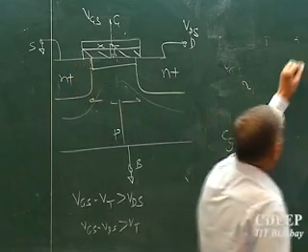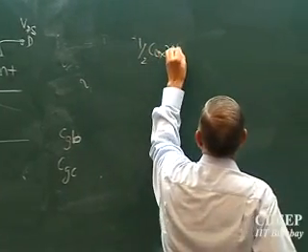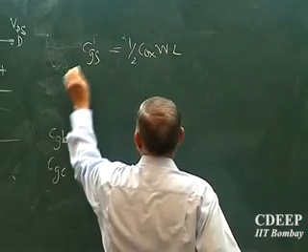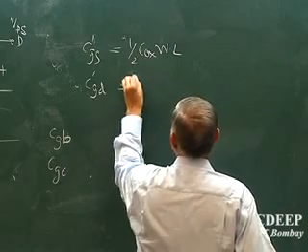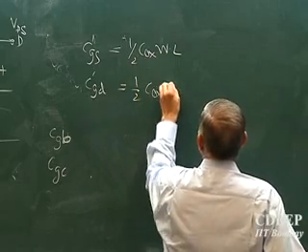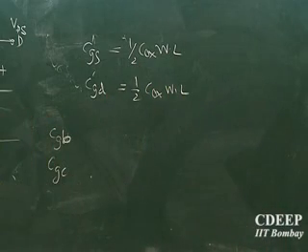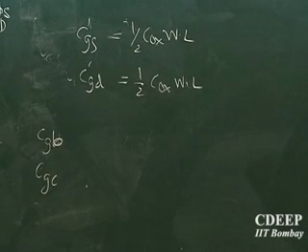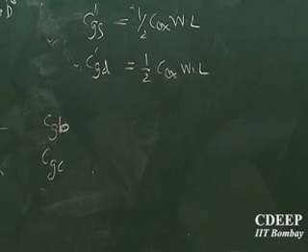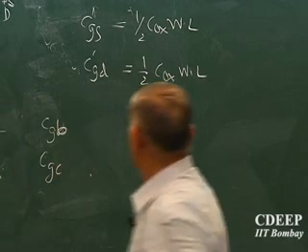We say half the capacitance is put to the source and half to the drain side. It's called lump model. What is lump? Total capacitance distributed as if averaged out, half is ascribed at the source end and half is ascribed at the drain end. Is that correct? This is our method of putting lump models.